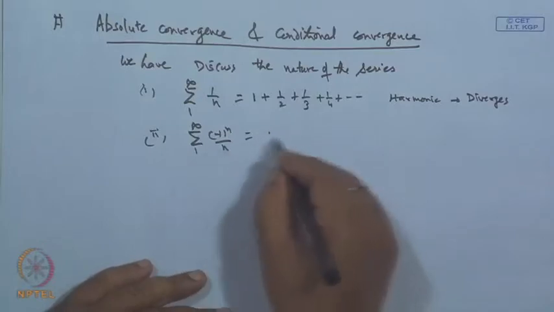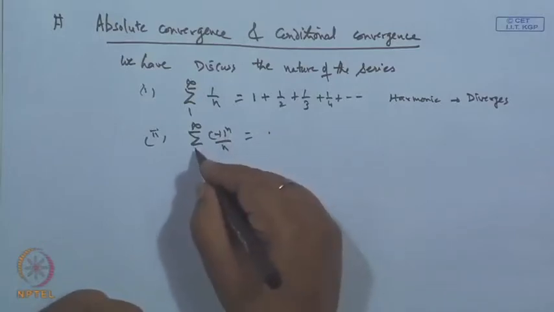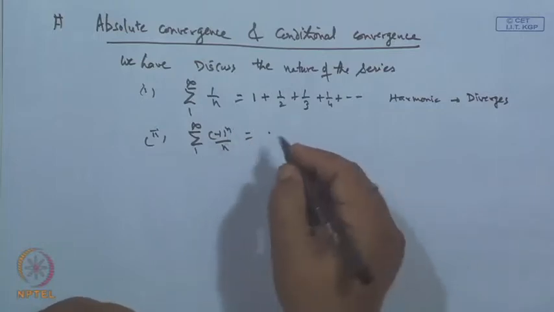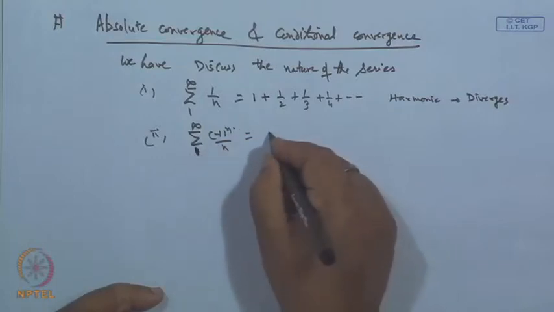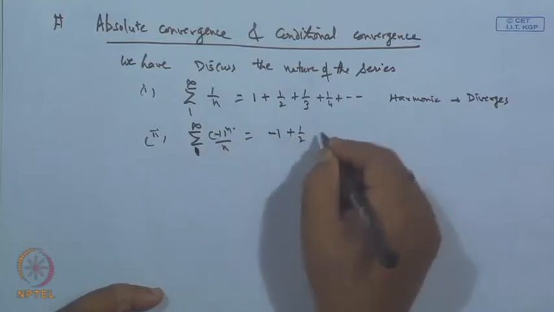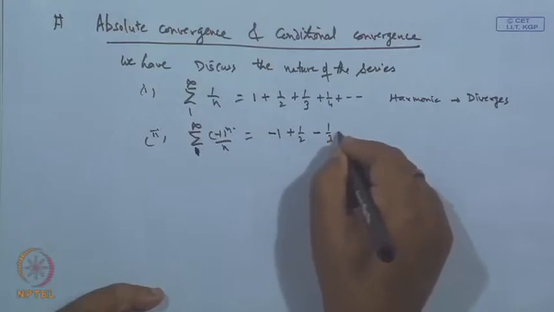So, if we start with this, 1 to infinity, or maybe 0, I will take 1 to infinity, we can say it is minus 1 plus half minus 1 by 3 and so on.